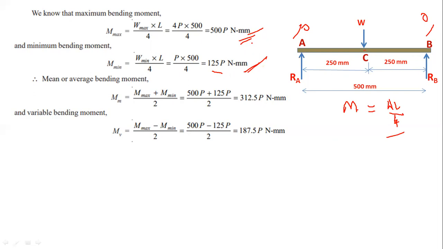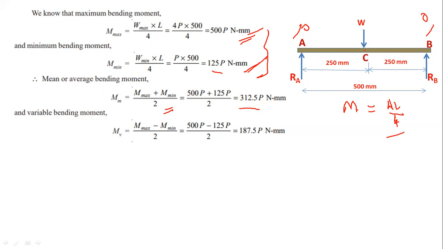By using these two values, you have to find out the mean and variable bending moments. Already we know the formula for mean or average bending moment equals maximum bending moment plus minimum bending moment by 2. So the mean bending moment equals 312.5 P Newton mm.